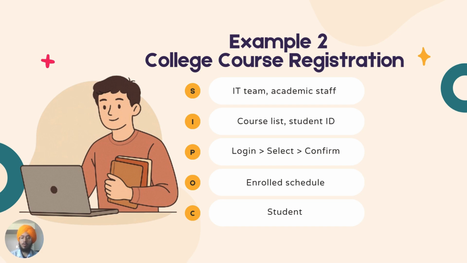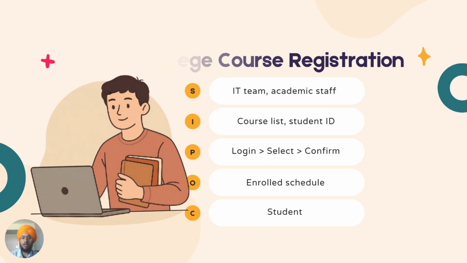Inputs include the course schedules, student ID, and the login system. Then the process includes logging in, selecting courses, and confirming registration. And the output is a finalized class schedule. The customer here is the student, obviously. So this SIPOC helps identify all the moving parts in a seemingly simple digital experience.